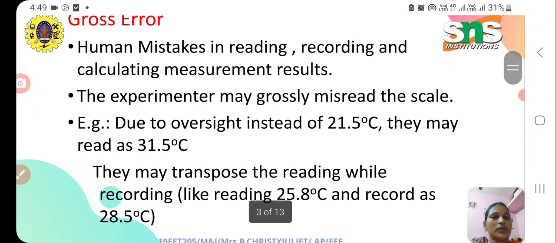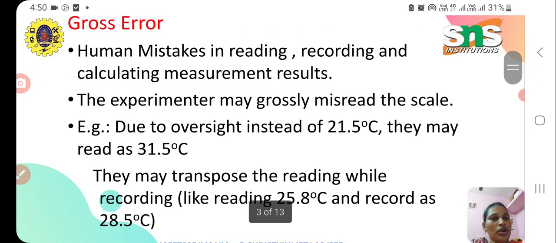Let us see what is meant by gross error. Gross error, as the name implies, is not just one particular error. It is a group of errors that happen due to human mistakes.